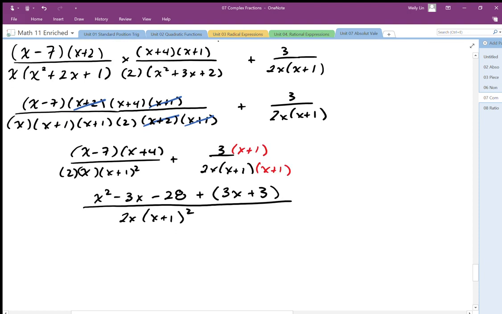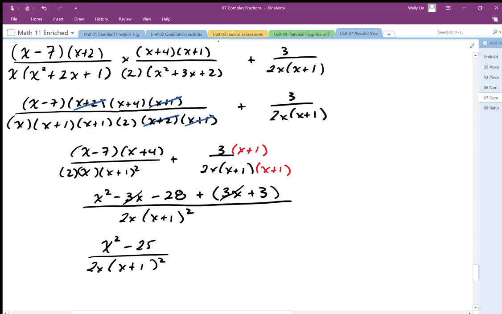I've got a minus 3x plus 3x. They will cancel out. I've got a minus 28 plus 3, so it's going to be minus 25. And that's all over 2x x plus 1 squared.